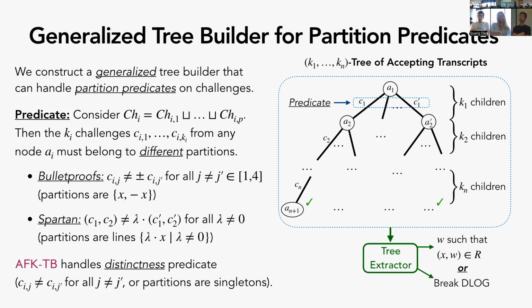Let me also mention this AFK contributor from the work of Attema et al. They just handle what is called the distinctness predicates, which means that they just care that the challenges are different. This corresponds to a partition where you set every partition to be a singleton set.